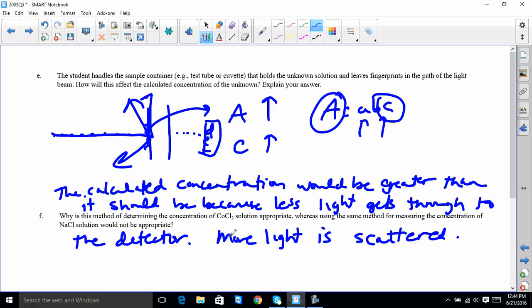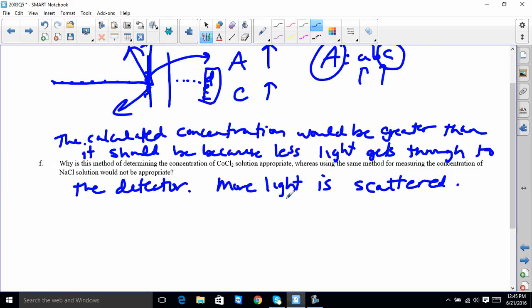And then F, why is the method for determining the concentration of COCl2 appropriate, whereas the same method for measuring the concentration of NaCl would not be appropriate? Sodium chloride solution, if you've ever made it, is colorless. And so remember, this only works, it's called colorimetric analysis or photometric analysis.